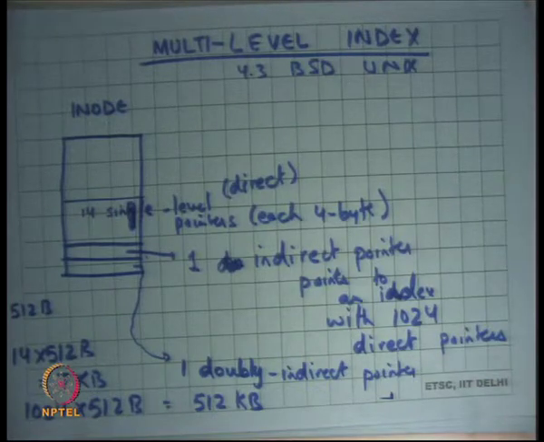Still you have a maximum limit on the size of file you can have. So every file system will have some limit on the maximum size of a file, but all you are doing is just making that limit really large, right? And depending on the current technology, that may or may not suffice.